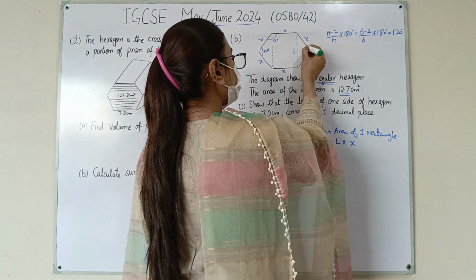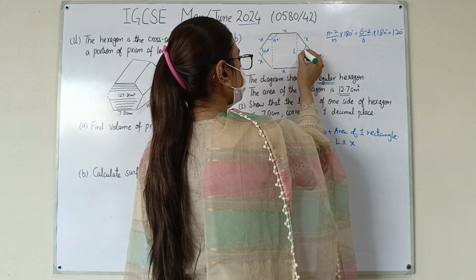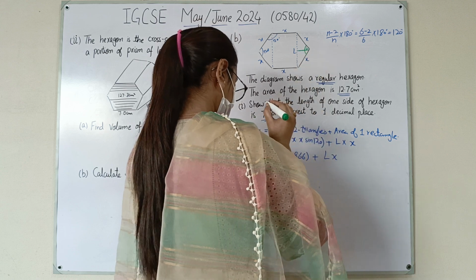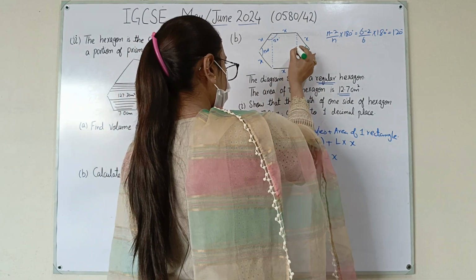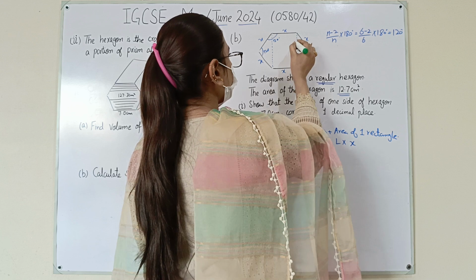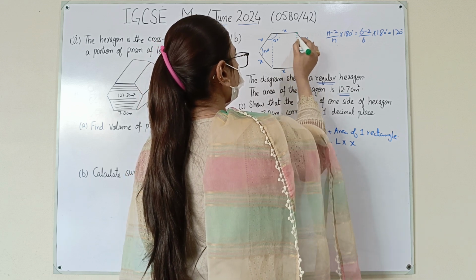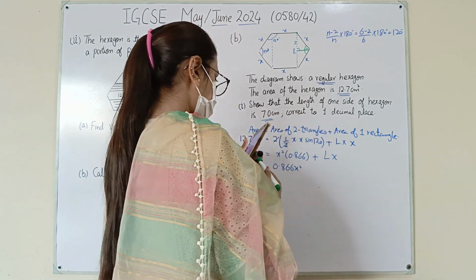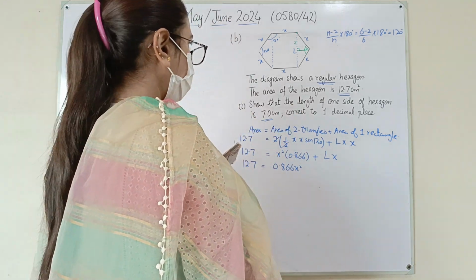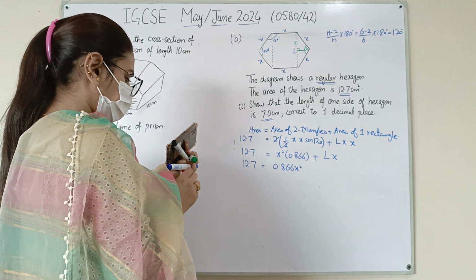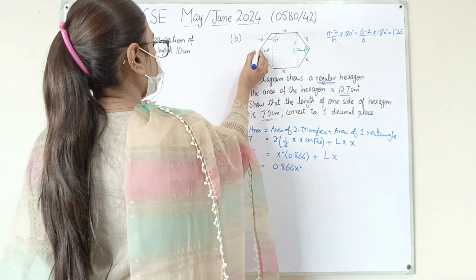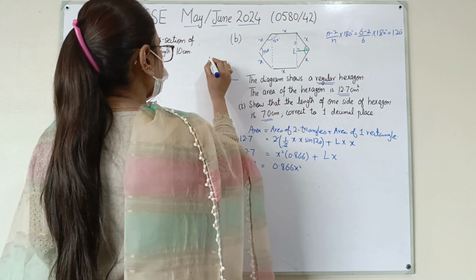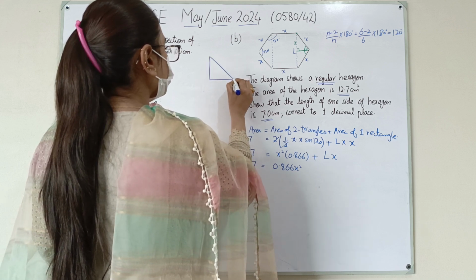If this angle is 120 degrees, when you bisect it, it will be left with 60 degrees. Here it will be 90. If I call the length from this point to this point y, I can easily take the triangle out of it. It should be like this.